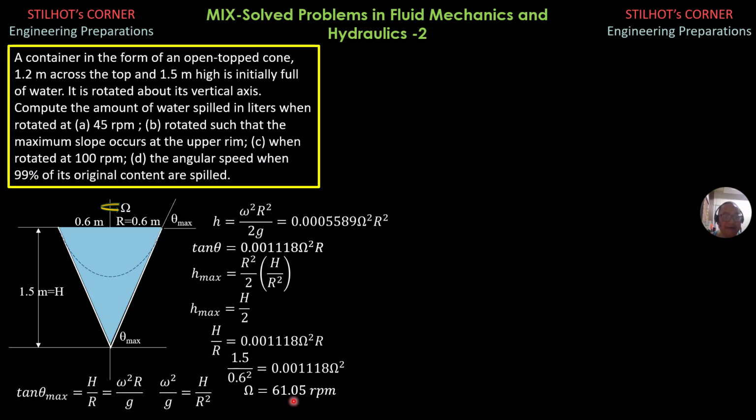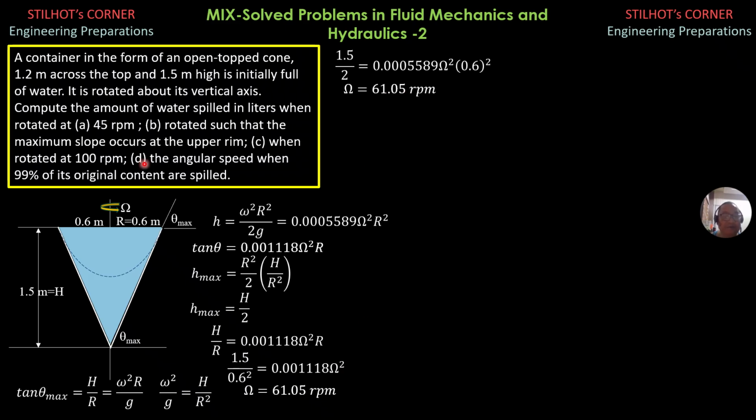You can verify that at this angular speed, if you substitute it here, it will give us H over 2, or half of 1.5, which is 0.75. So 1.5 over 2, you may proceed directly: 0.0005589 omega square R square, which is 0.6 square. Let's show that it is also 61.05 using this formula for H. So they are the same as expected.